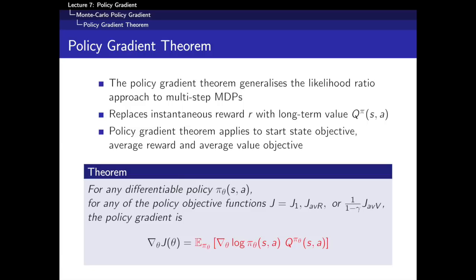That's just to formalize that, which is to say that if you start with some policy, then for any of those objective functions we considered earlier, the start state, the average reward, the average value, the policy gradient is basically given by this thing here, which is some expectation over the score function multiplied by the action value function, Q. So it basically tells you, again, how to adjust the policy so to get more or less of that particular action multiplied by how good that particular action is in expectation.